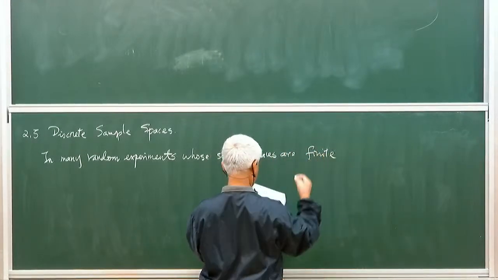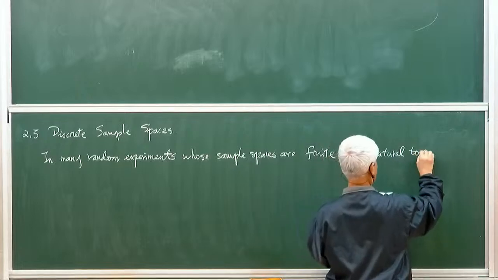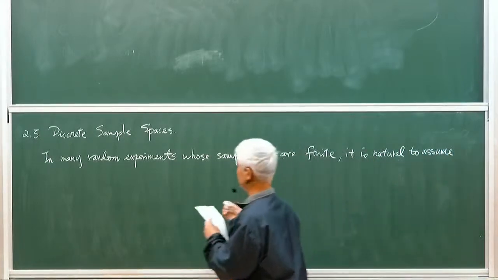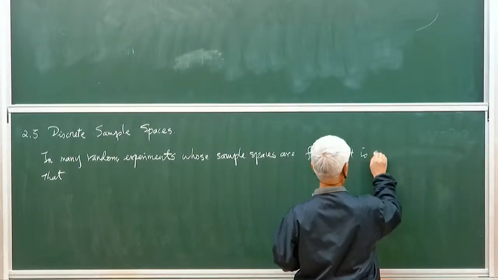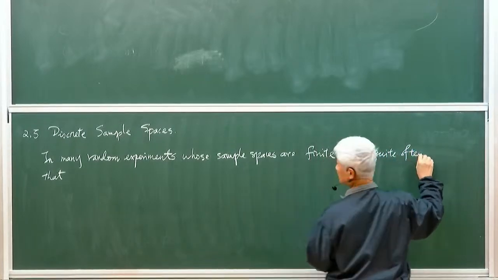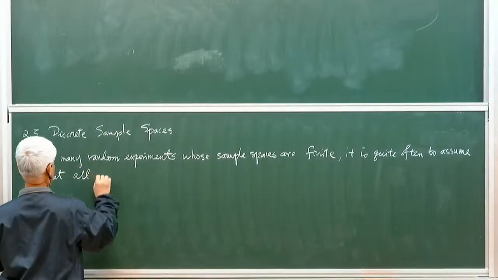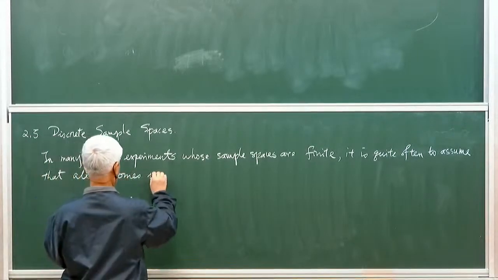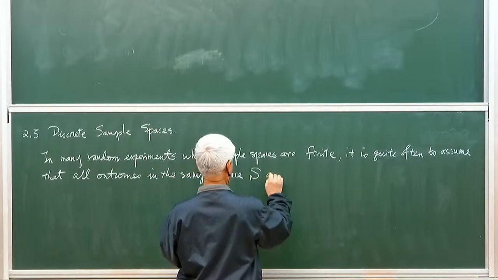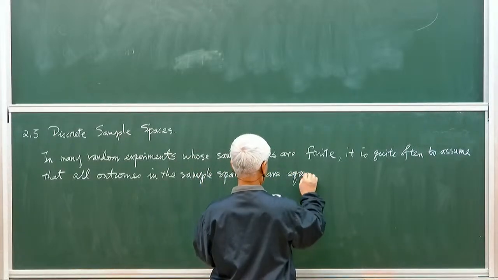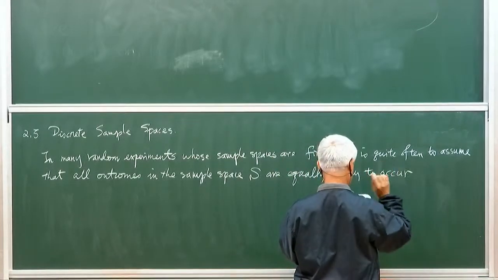It is natural, or maybe I would say quite common, to assume that all outcomes in the sample space are equally probable, or equally likely to occur.